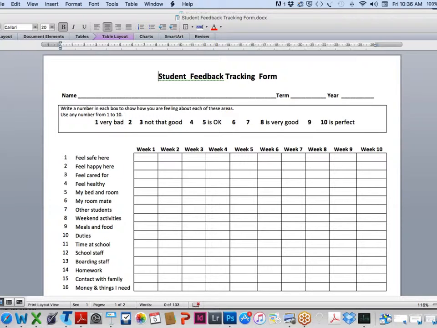You can do this for one term or two terms, and it's just a really good way of connecting in with your students each week and keeping really in touch. I think it gives you a much more hands-on approach to working with a young person and getting feedback from them.